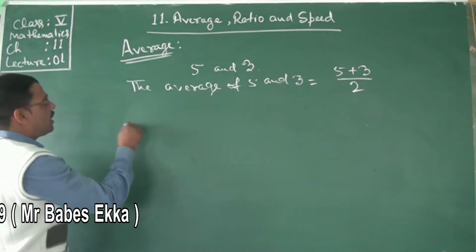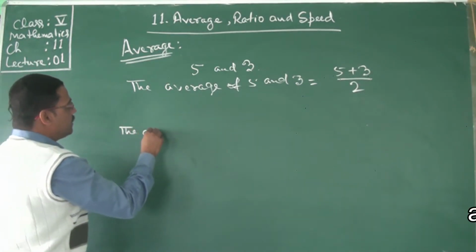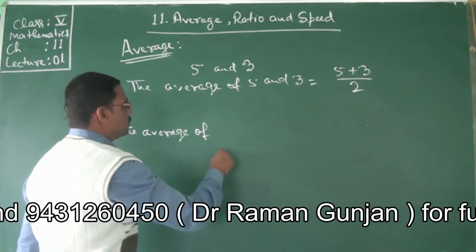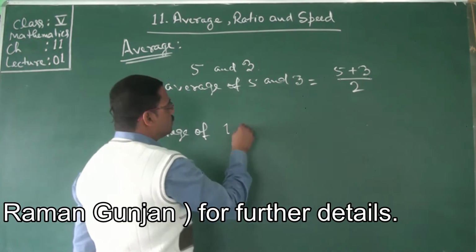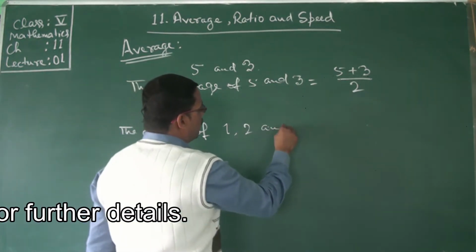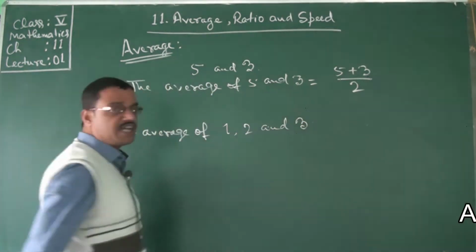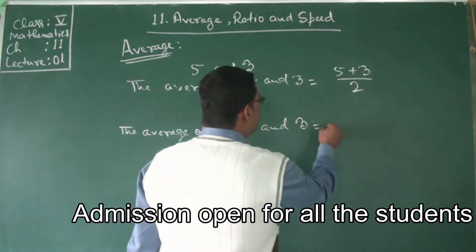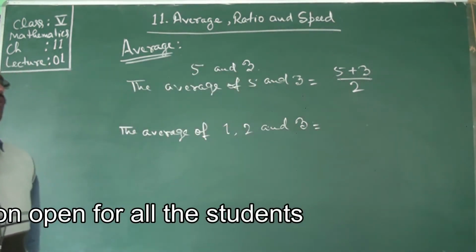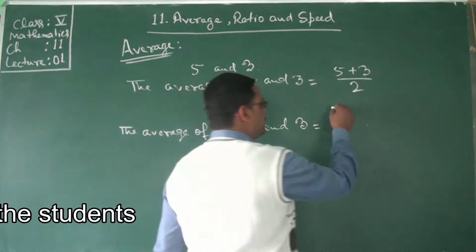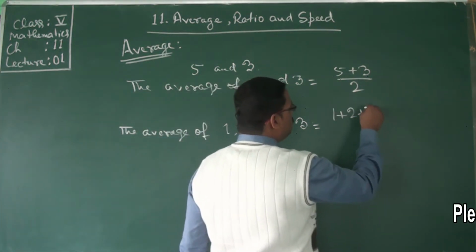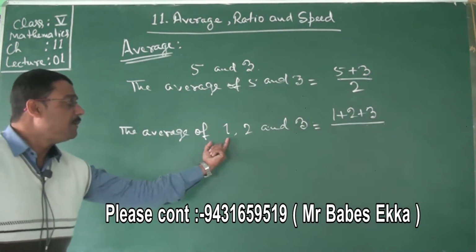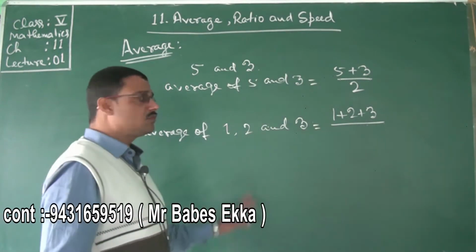But if you are asked to find the average of 1, 2 and 3, in this case we got three numbers. That time we will take the sum of all these three numbers, that is 1 plus 2 plus 3, and we'll divide by the number of quantities.